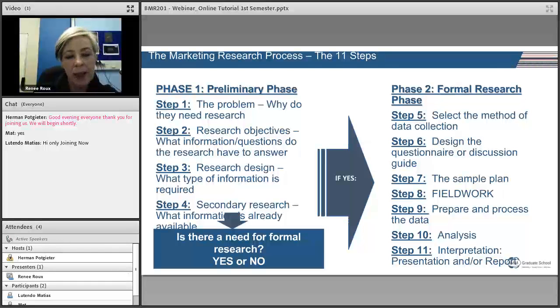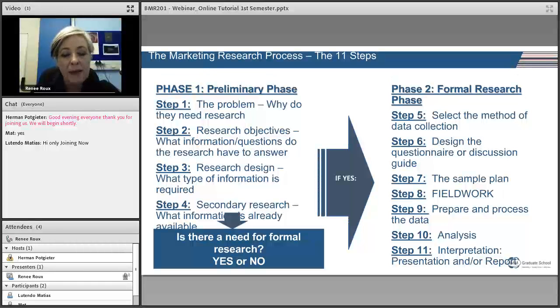Step 2 is then developing research objectives. So what information or questions do you need to answer this research? And I will discuss in slides further down the line the problem and the research objectives in a little bit more detail. Then the research design is step 3. What type of information do you require?